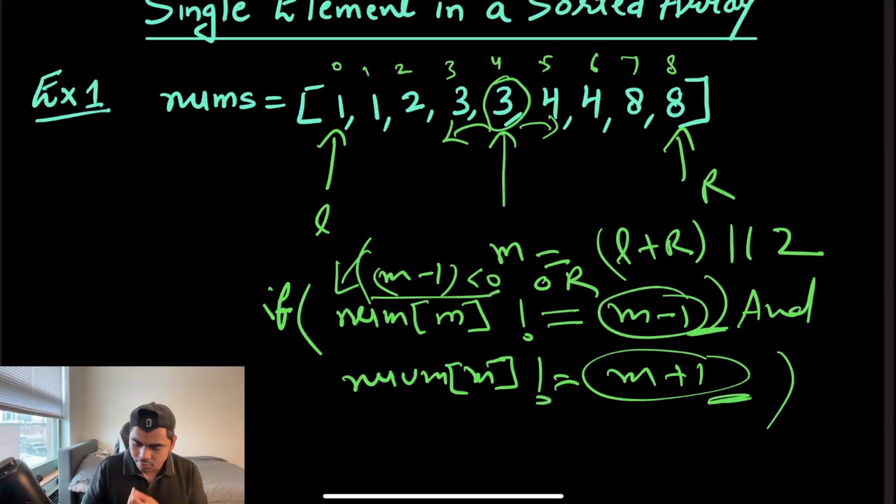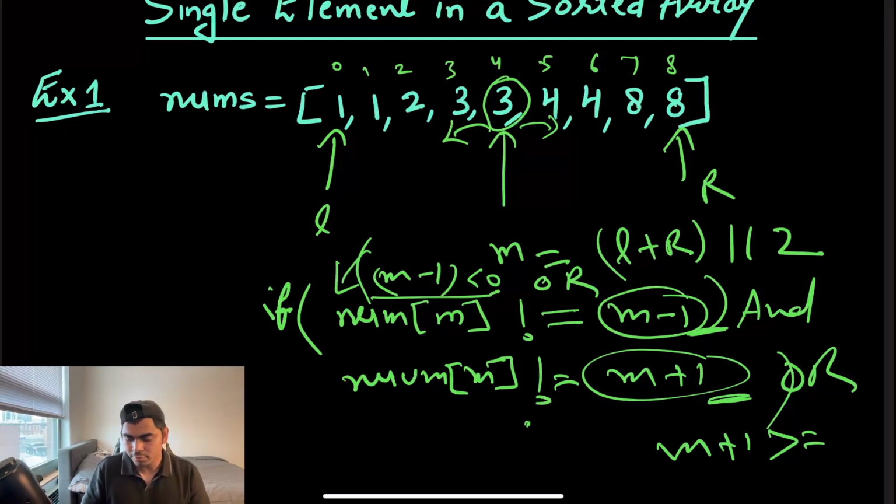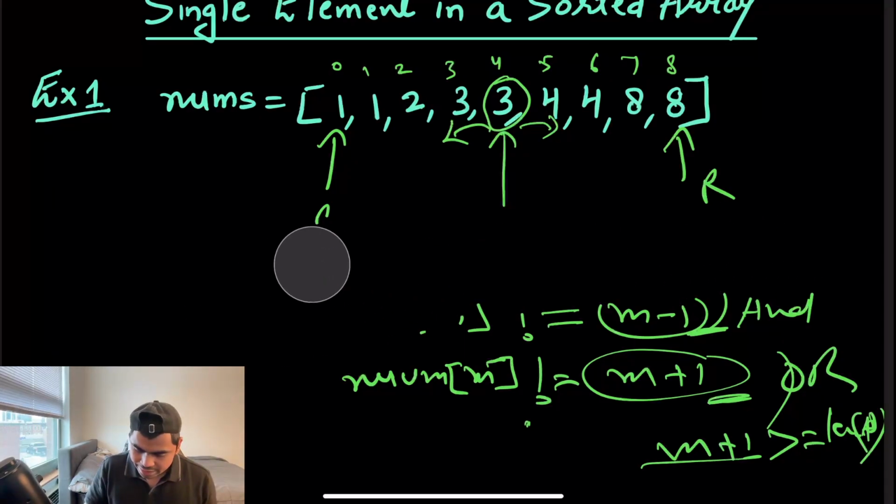Same thing here: or mid plus 1 is greater than or equal to the length of the array. If you're following me, you'll understand. These are two cases of going out of bounds, so we're creating a kind of circuit here. If you want me to go into detail, you know what, I'm gonna go into detail, because that's how we learn.